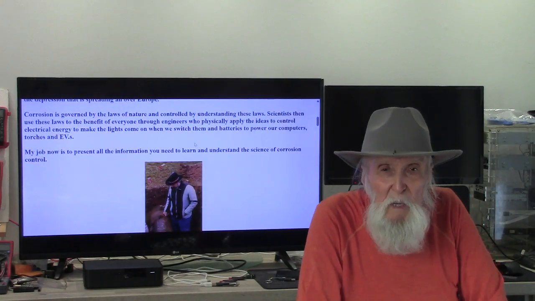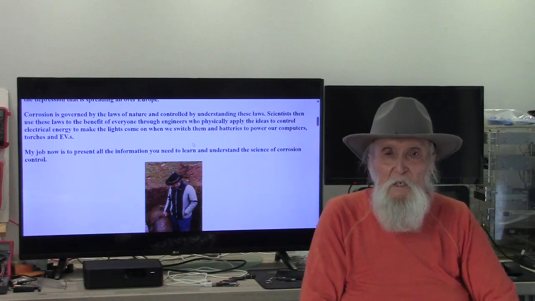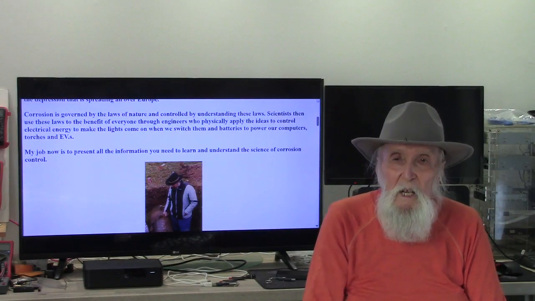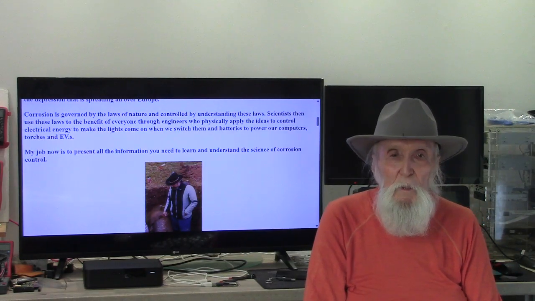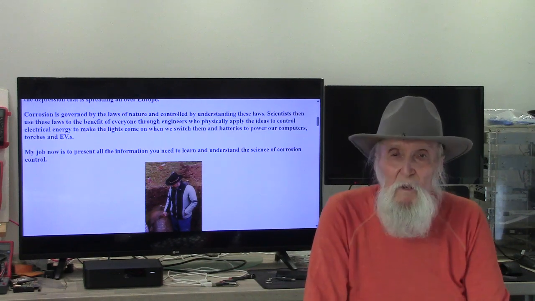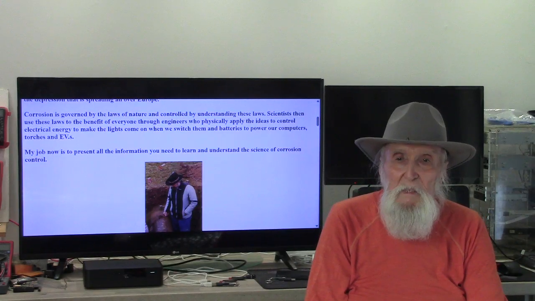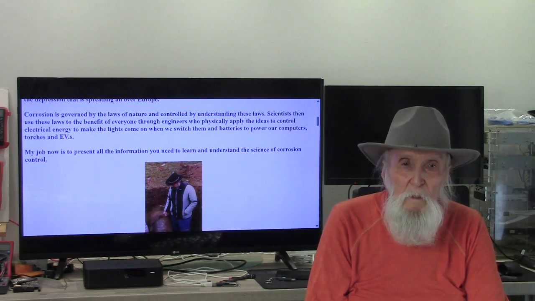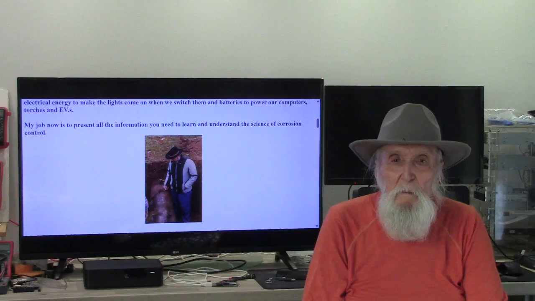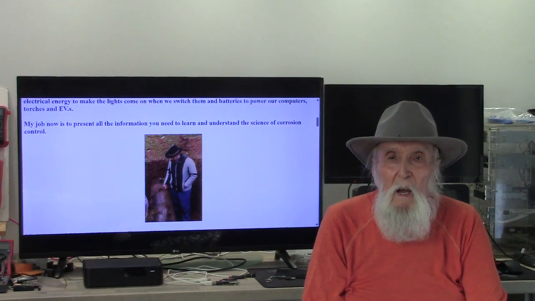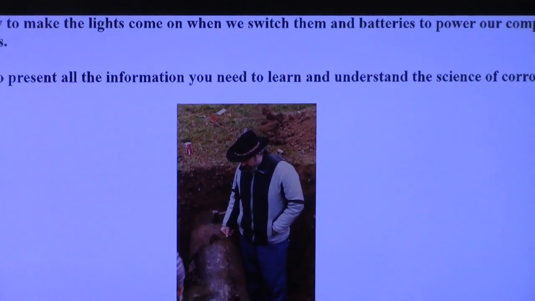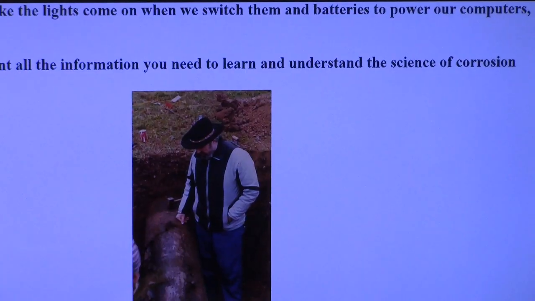Corrosion is governed by the laws of nature and controlled by understanding these laws. Scientists then use these laws to the benefit of everyone through engineers who physically apply the idea to control electrical energy to make the lights come on, and when we switch them, and batteries to power our computers, torches and electric vehicles.